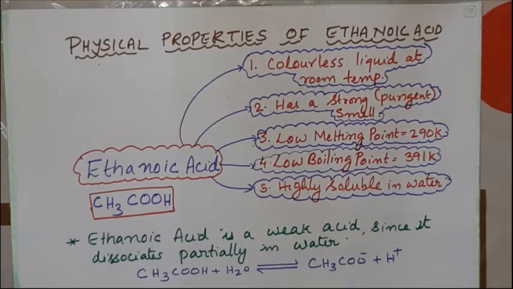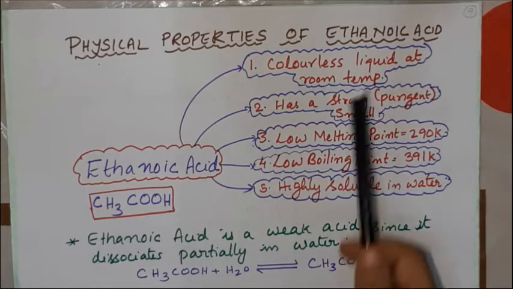Two main reactions of ethanol were discussed in the previous session. Today you will learn one more organic compound which is also a very useful compound. It is known as ethanoic acid. Ethanoic acid is its IUPAC name, but commonly it is known as acetic acid.